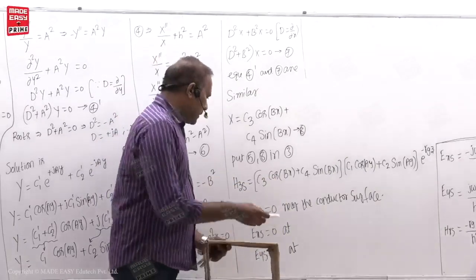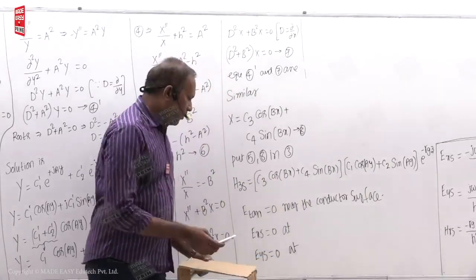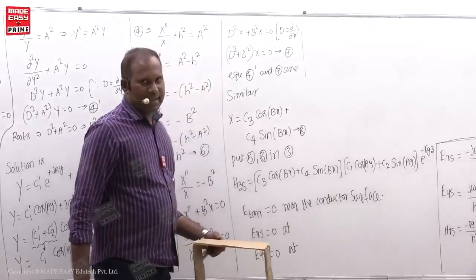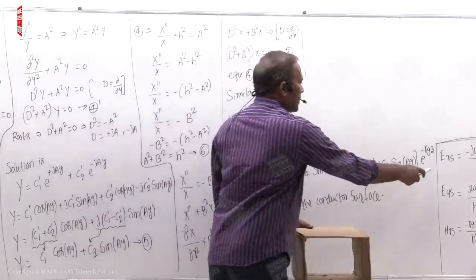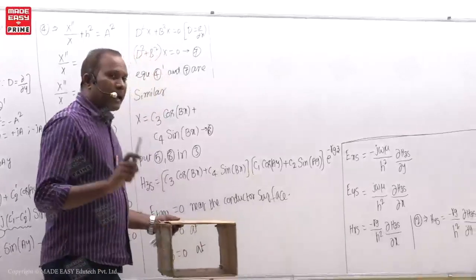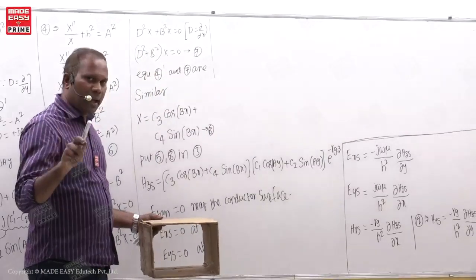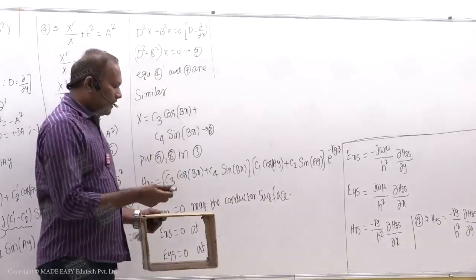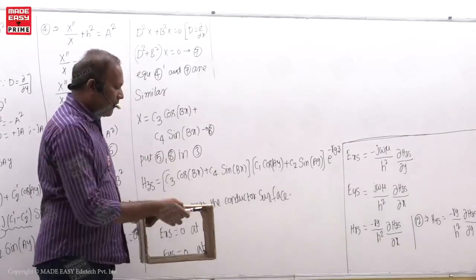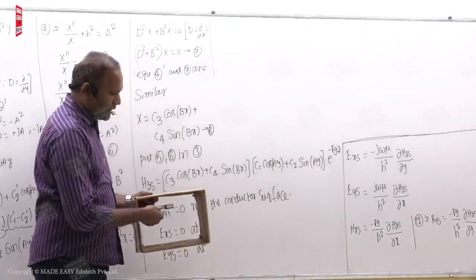Now you see this EXS. Tell me what is the meaning of EXS? EXS means the electric field component in the x direction. This is the x axis, so that electric field component is like this, students, in the x direction.